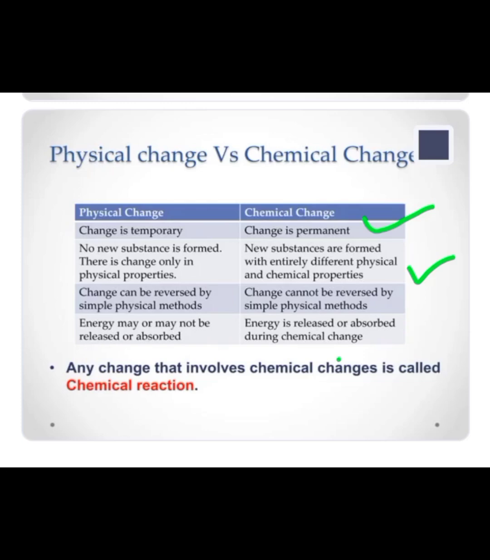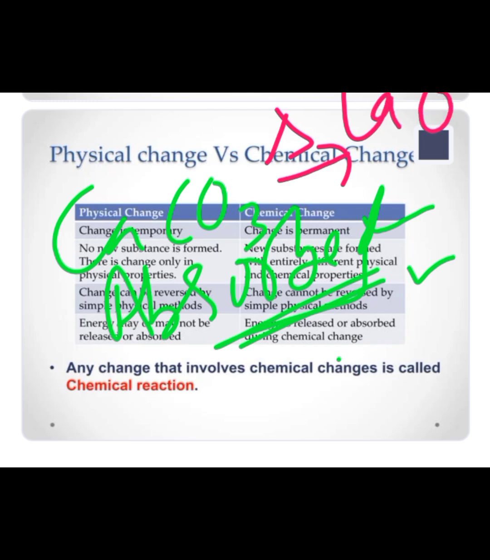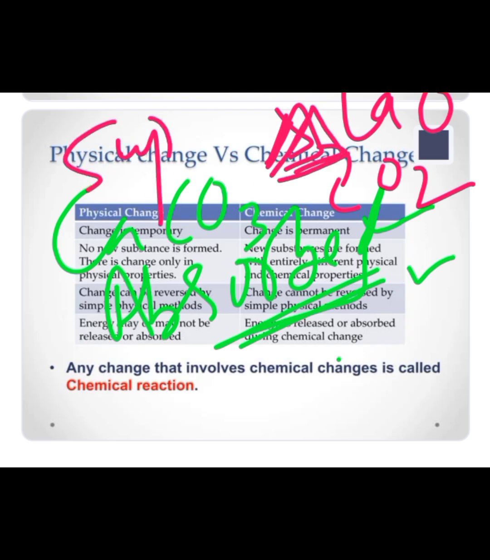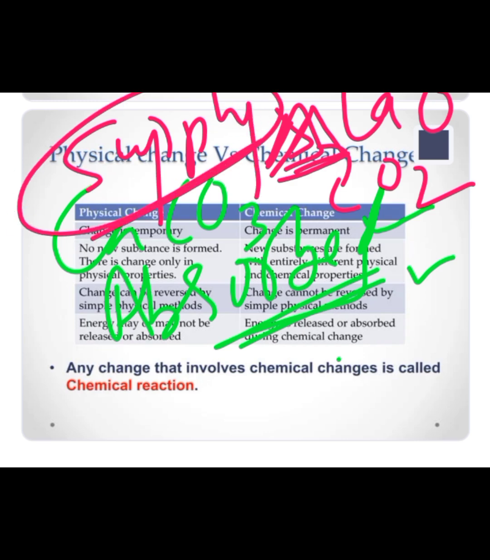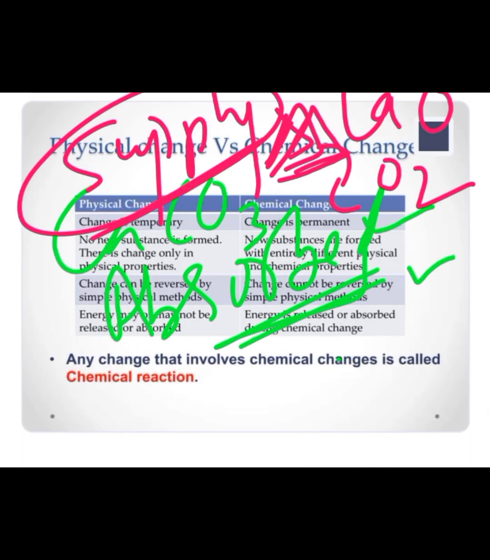If the energy during the chemical change is absorbed, like calcium carbonate on heating gives calcium oxide with carbon dioxide, this symbol indicates the supply of heat, and supply of heat represents endothermic reaction.